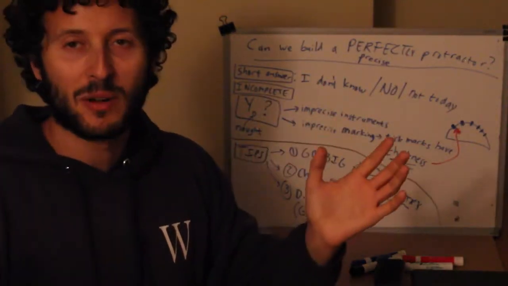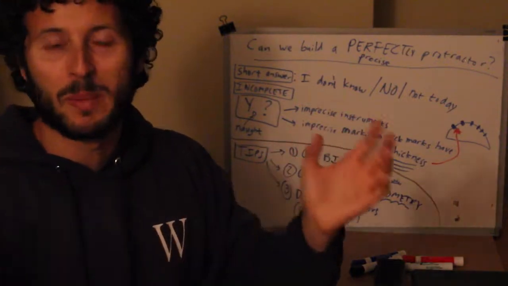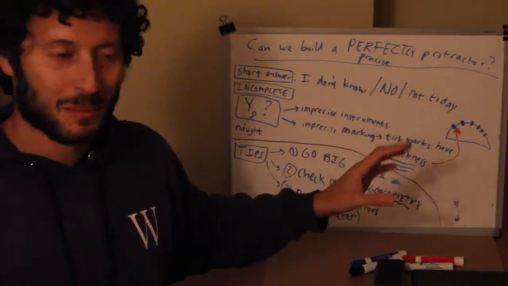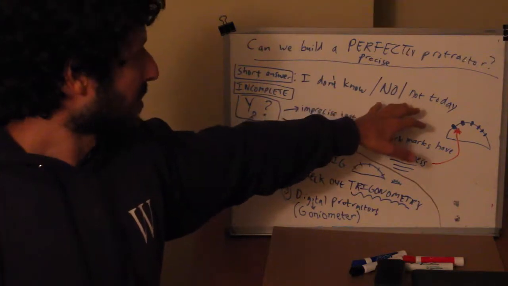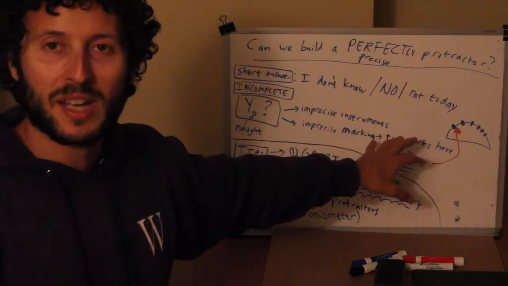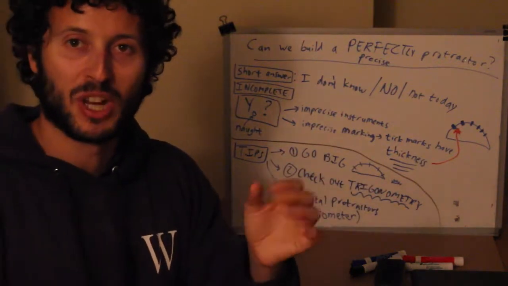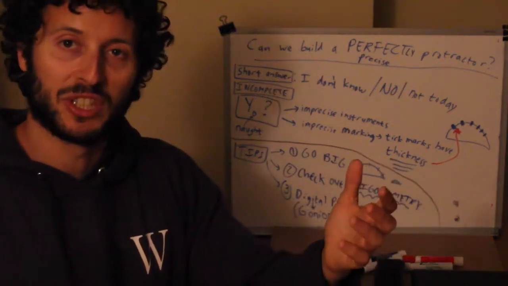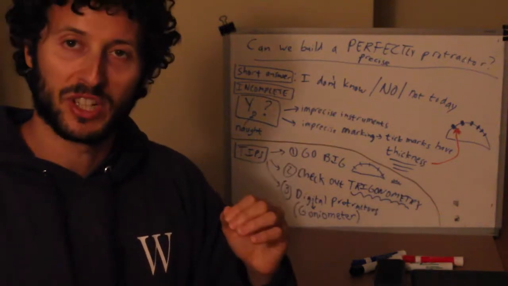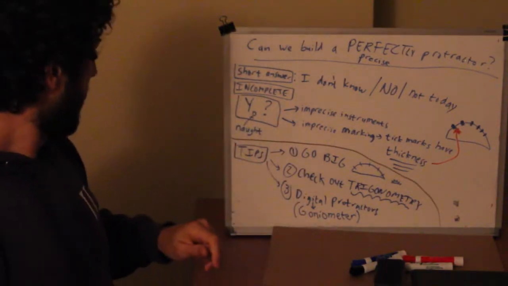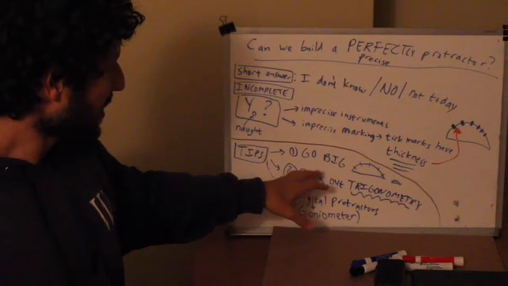So I don't think I know, or maybe we don't know yet, but the bottom line is with today's technology, I don't think we can make super precise instruments. We can have more precision and less precision up to our current technology, but not perfect precision where we have zero error.